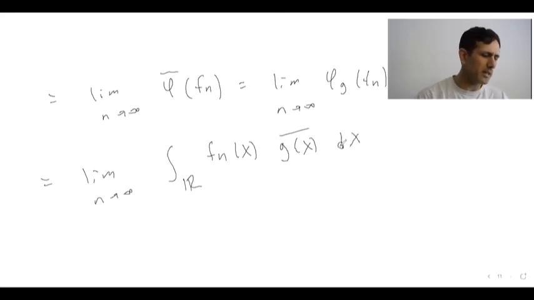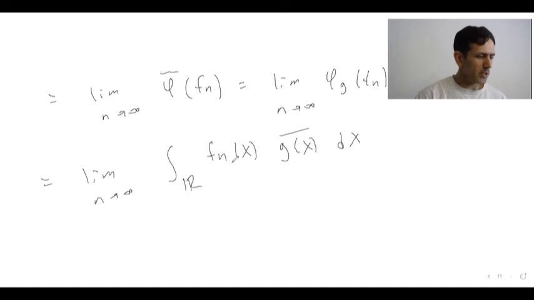By the dominated convergence theorem, fn fairly obviously converges to 0 almost everywhere, and since g is in L1, your dominator is just the absolute value of g.